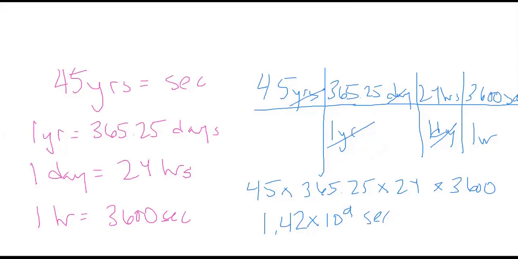Did I get that one correct? Anybody? I can't see if you put a thumbs up. I can only see the whiteboard. I'm not sure if I'm correct on this, but I got 1.59 to the 9th. I'm totally going to throw this away. 45.